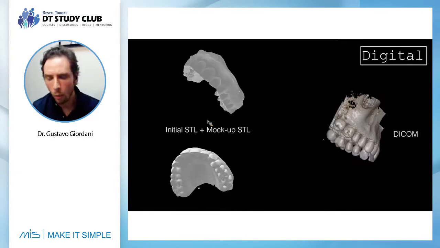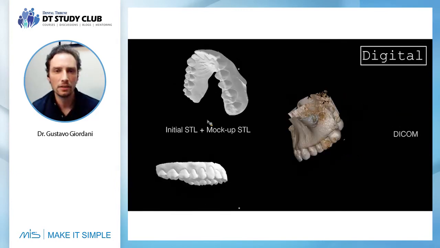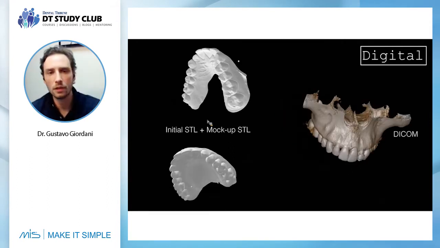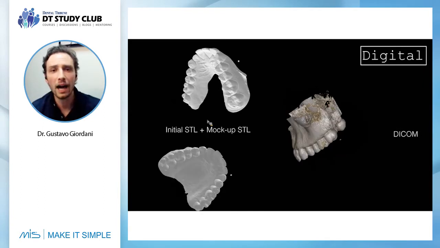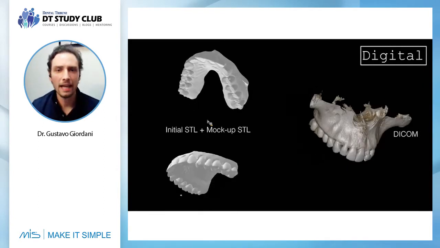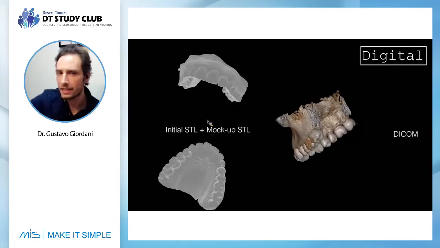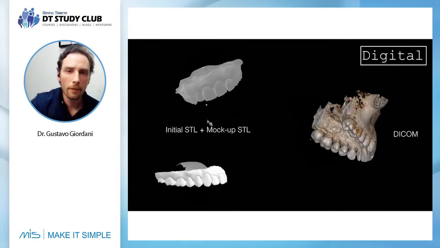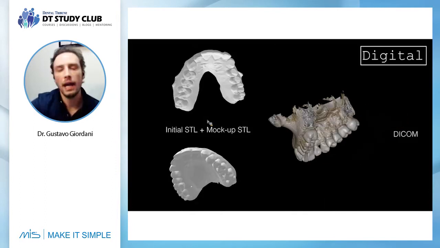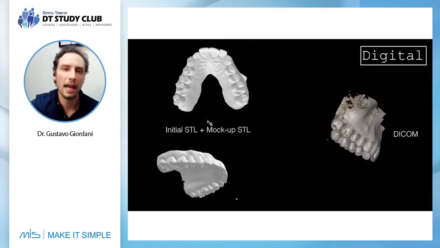So what do we need for these guided surgeries? We need to ask your patient for 2 exams. First one, a tomography. So I need the DICOM file, and then I need the STL. The STL will be a scan from your patient or an impression, and then we send this model to the lab, and the lab will do the scan of the model.